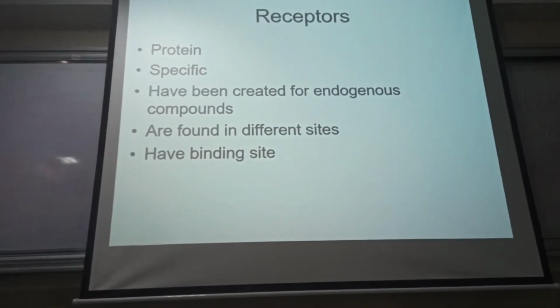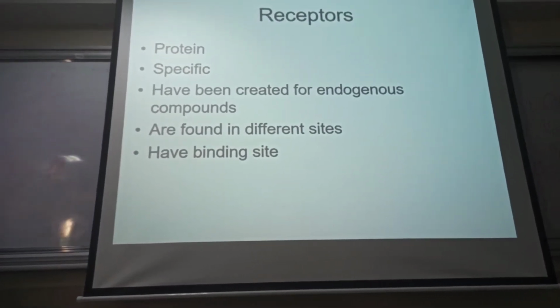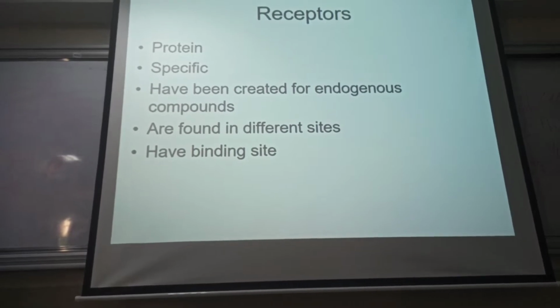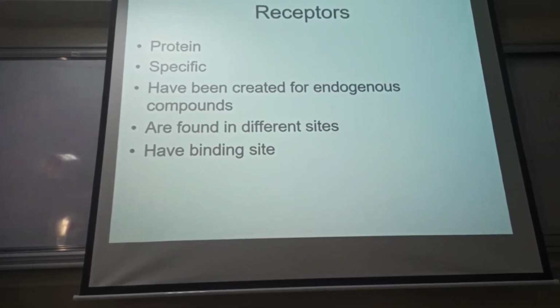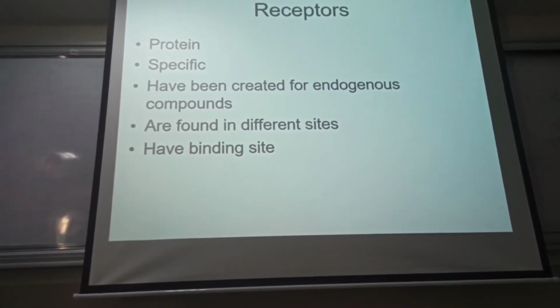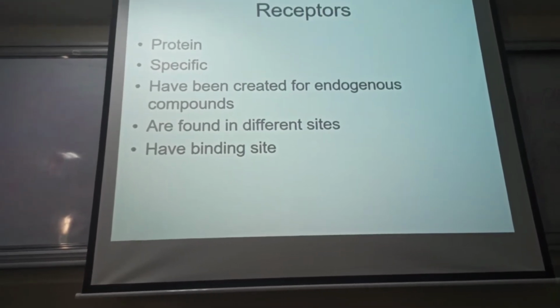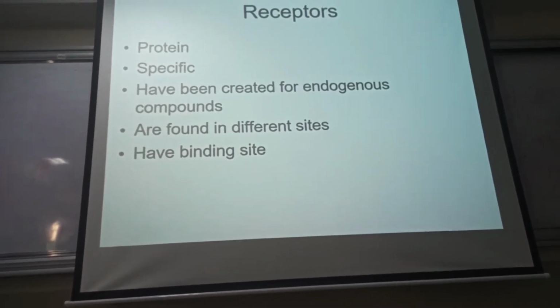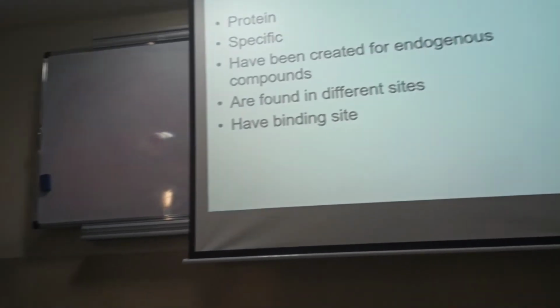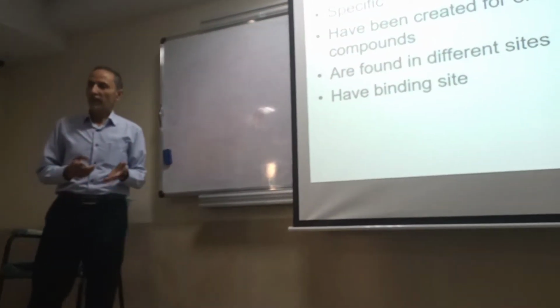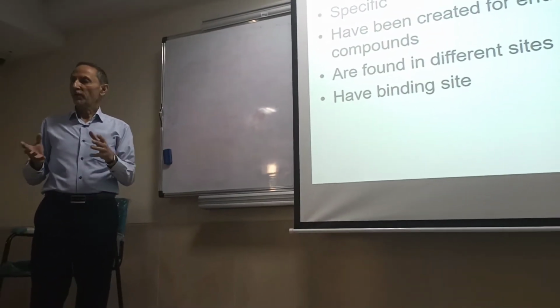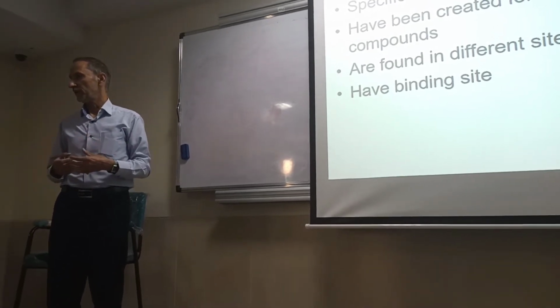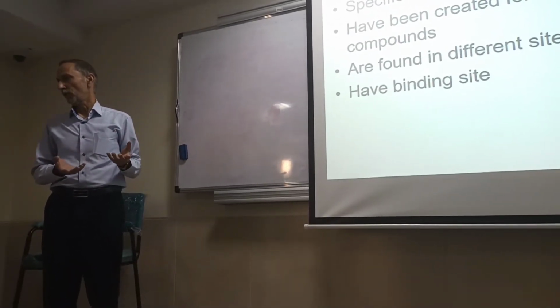Receptors have been created for endogenous compounds. You know that we have several neurotransmitters in the body: dopamine, norepinephrine, epinephrine, acetylcholine, histamine, and many others. So if we have these compounds in the body, we have receptors for these compounds.